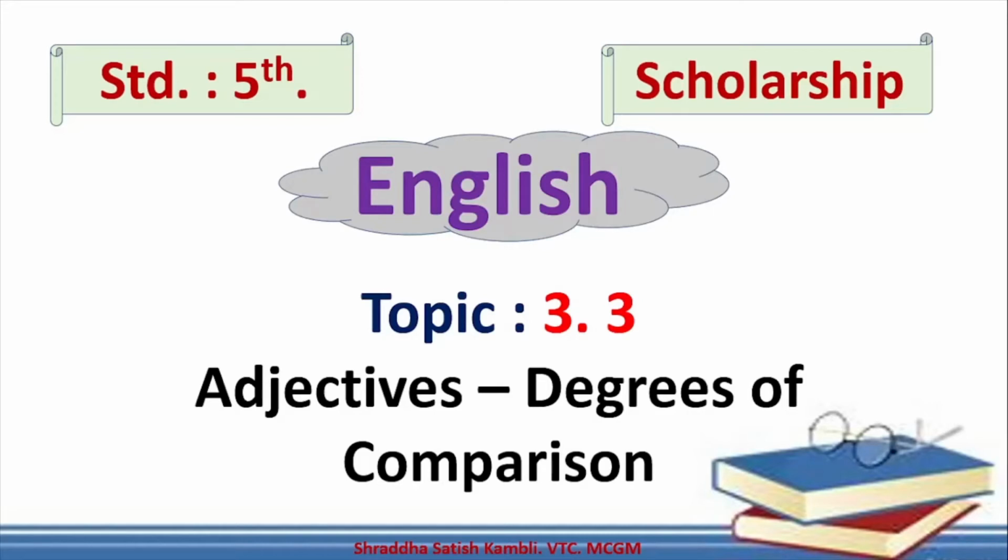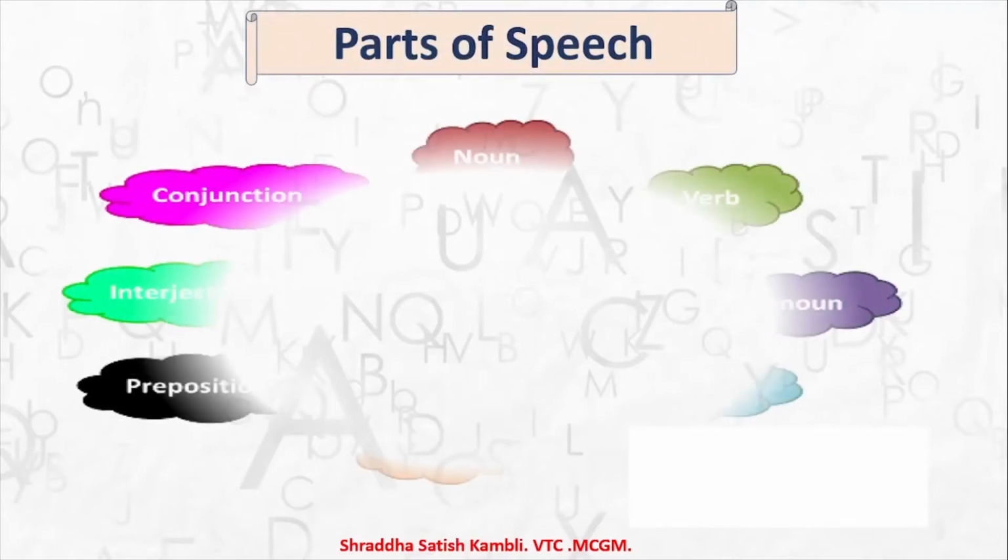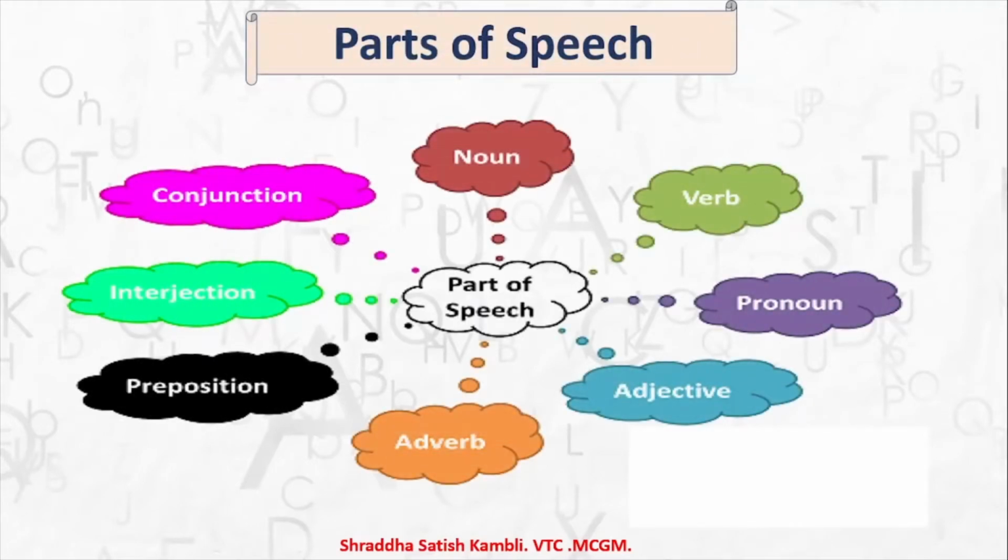Alright, so come on, let's start with this lesson number 3.3, and let us discuss and find out what are adjectives and what are the various degrees of comparison as far as adjectives are concerned. So here we start by looking at the parts of speech once again. We talked about noun, pronoun, and now we are going to talk about adjectives.